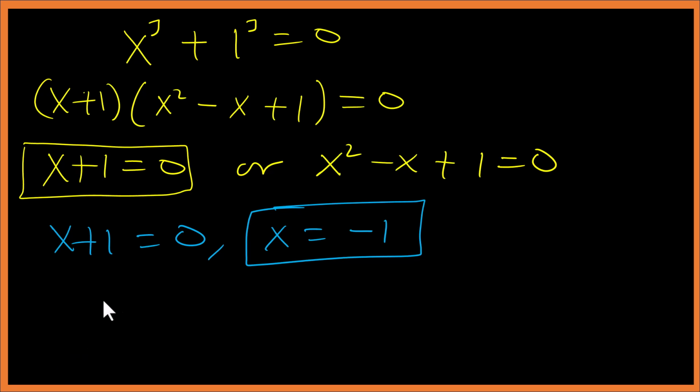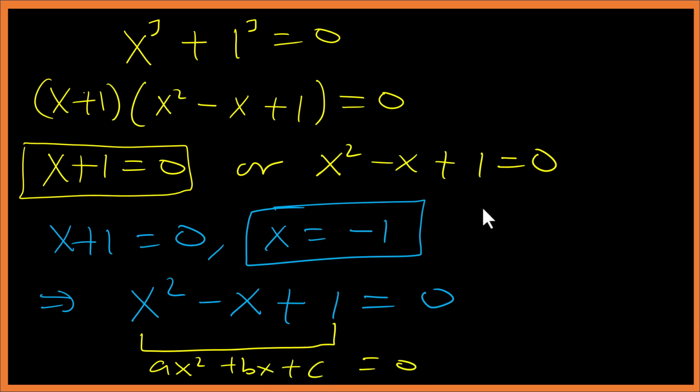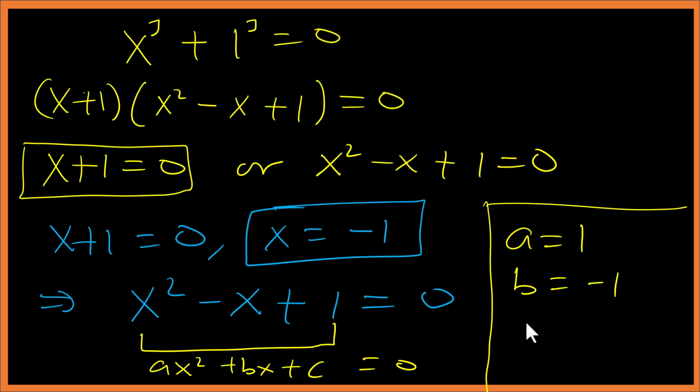x equals -1. Now let's delve into the other 2 solutions with this equation, x squared minus x plus 1 equal to 0. Now from here, we are going to compare this one with the general quadratic equation, ax squared plus bx plus c equal to 0. So from here, a is 1, b is -1, c is 1.